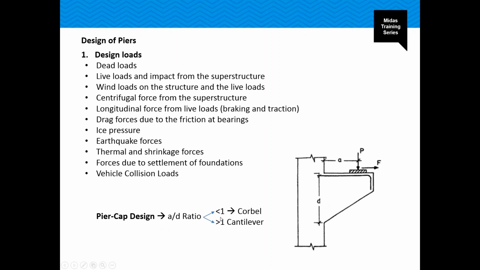If it is lesser than 1, then it is a corbel, and if it is greater than 1, then it is a cantilever. Accordingly, the design is performed. If it is a corbel, then we adopt the strut and tie method for design. And if it is a cantilever, then a general flexure design is performed for the pier cap.